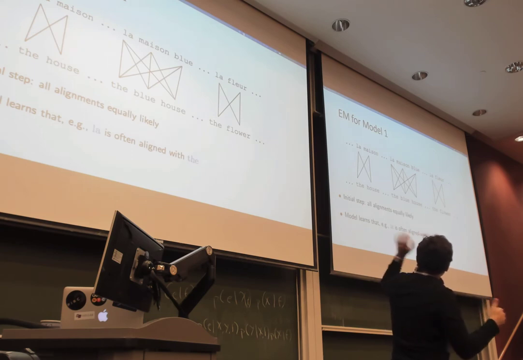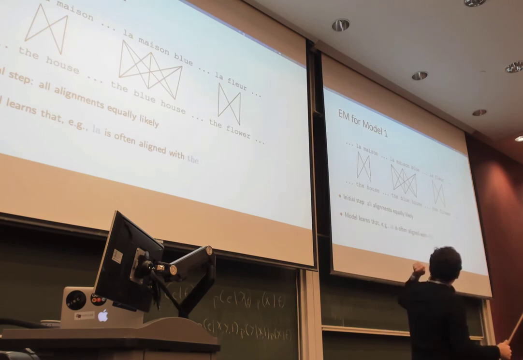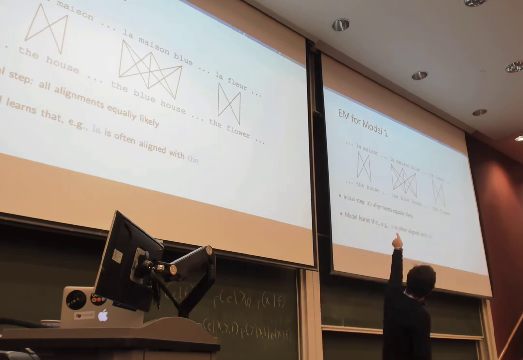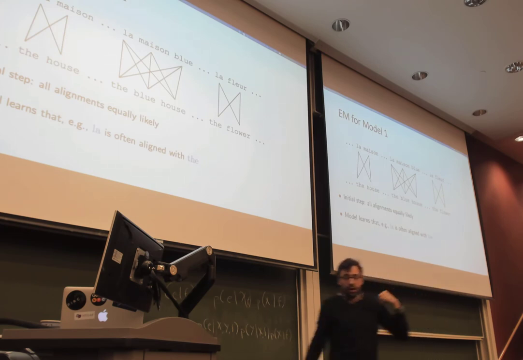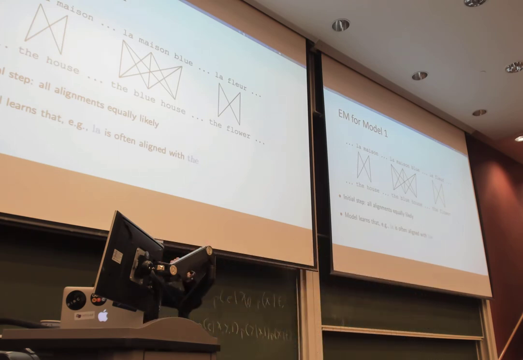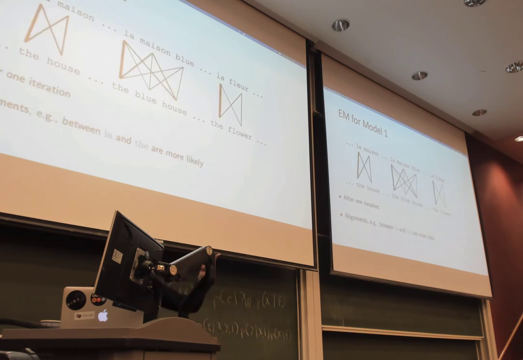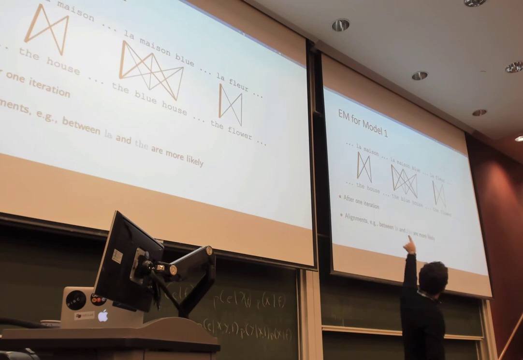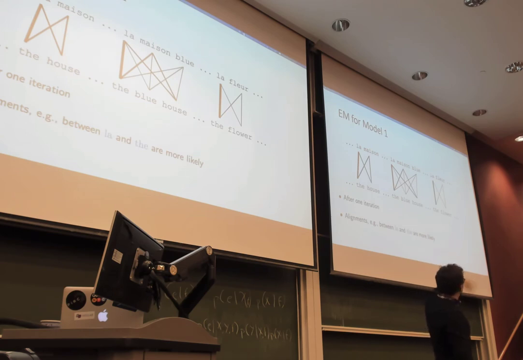Now you have all the alignments being equally likely, and maybe the model will learn that la, that appears 3 times, is often aligned with the, if you notice that. So after one iteration, maybe this example will have a slightly higher probability between la and the, rather than say la and house, or la and blue, or la and flower.